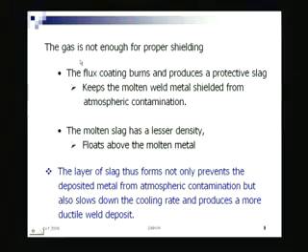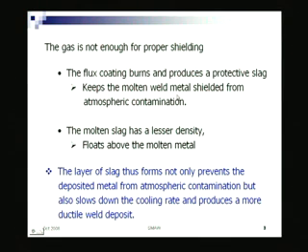Whereas the molten metal is given shielding by the molten slag, right. So, that is what has been said here. The gas is not enough for proper shielding, meaning the welding fumes or gas which are getting generated do not give the entire shielding. So, what happens? The flux coating burns and produces a protective slag. The flux, after getting burnt, we refer to as slag, right.